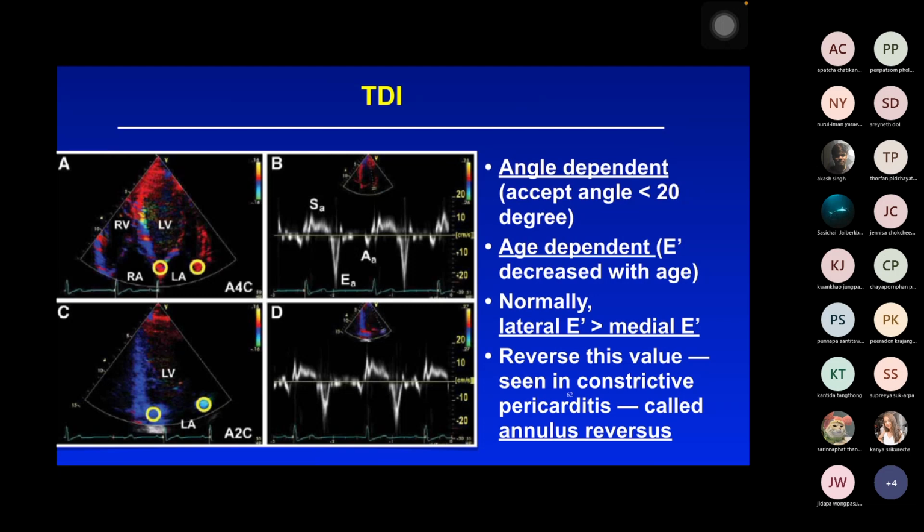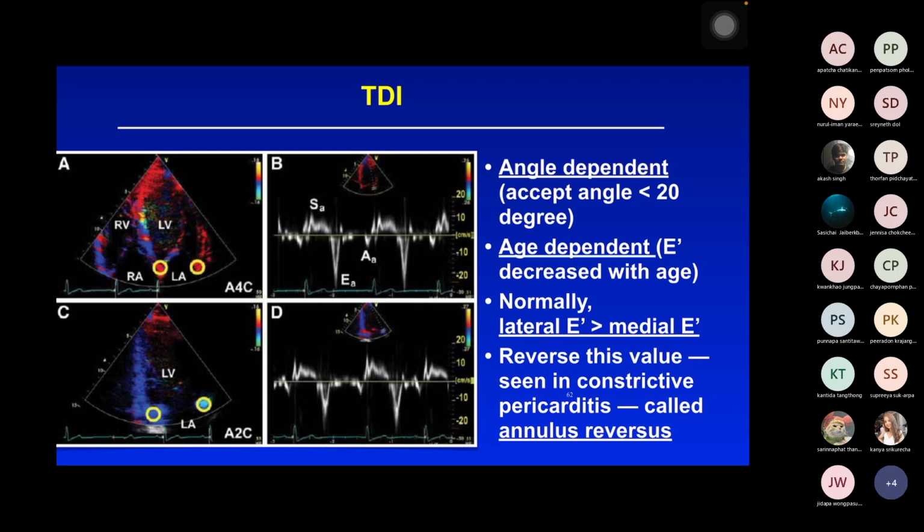Normally, the lateral E prime should be greater than the medial E prime, except in some conditions where the medial E prime is greater than the lateral E prime. For example, the condition called constrictive pericarditis. This means chronic inflammation of the pericardium.